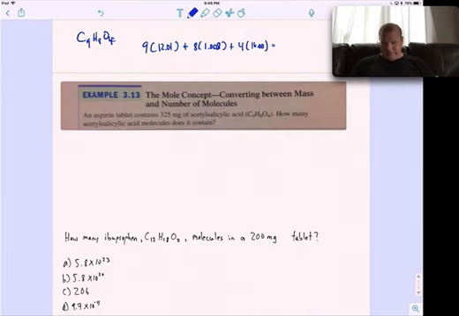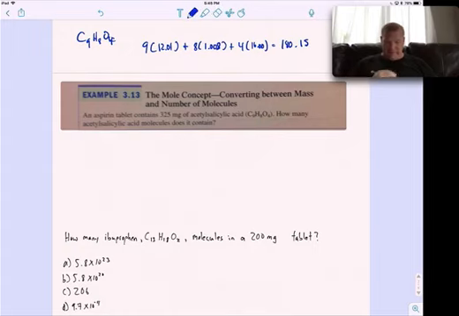Oop, that's a plus sign. Times 60. 180.154. Of course, we only know it to this much by sig figs.